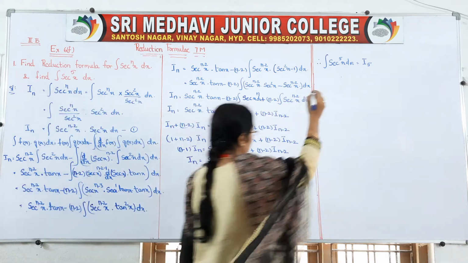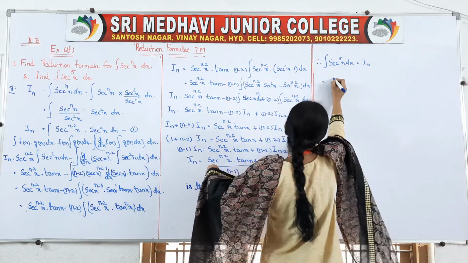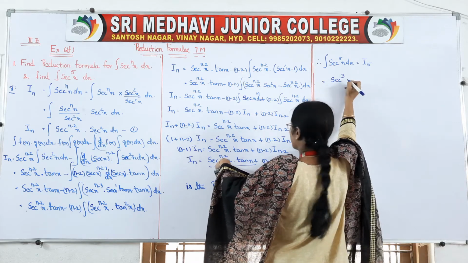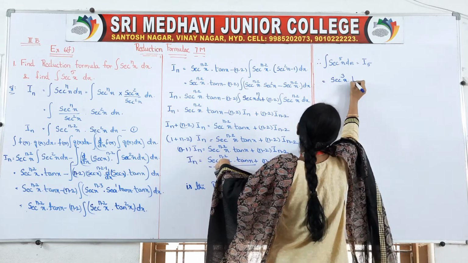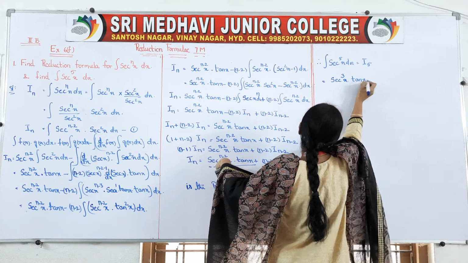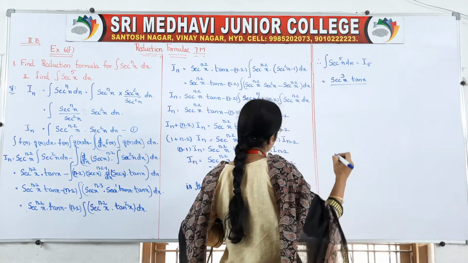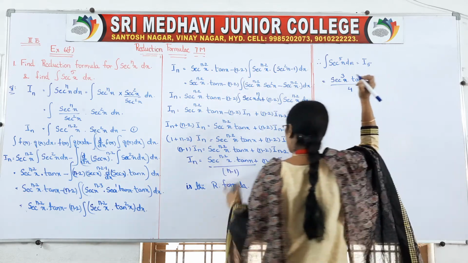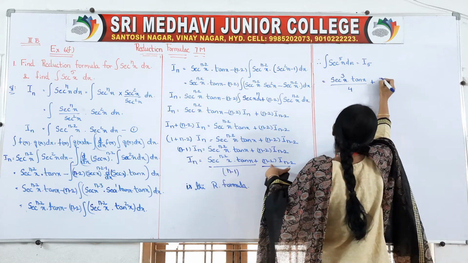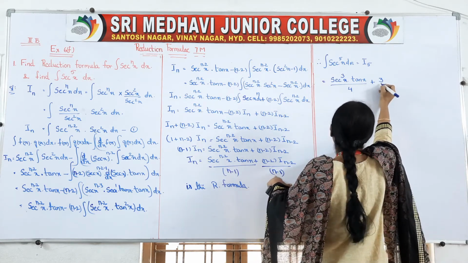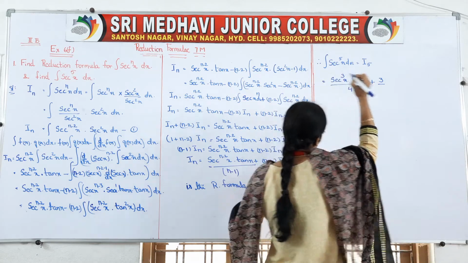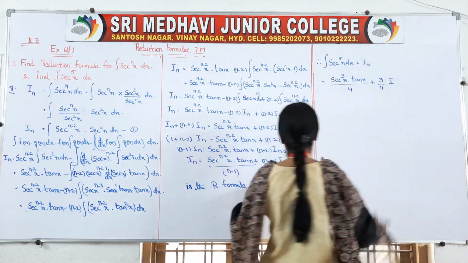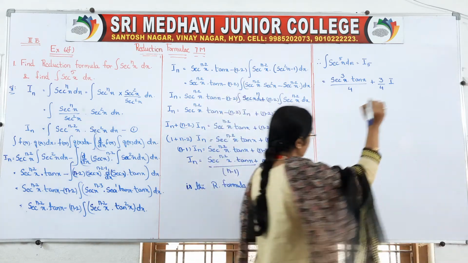So In is equal to secant to the power of n minus 2, 5 minus 2 means 3, secant cube x into tan x, divided by n minus 1, 5 minus 1 is 4, plus n minus 2 by n minus 1, that is 3 by 4, into I of n minus 2, that means 5 minus 2, that is I3.